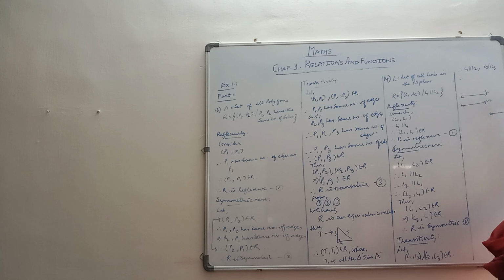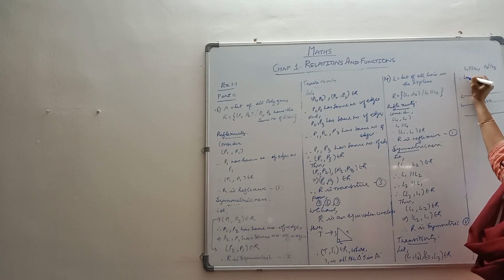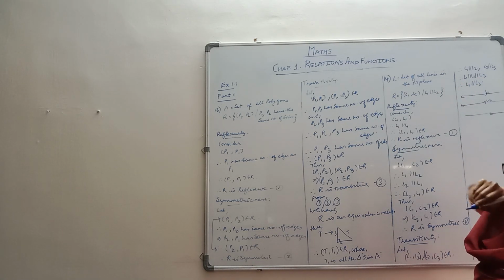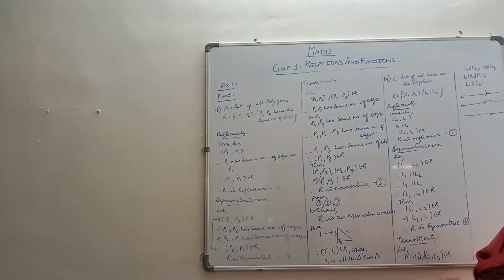Net effect, when we extend these lines, they are lines, you can extend them, we see that all 3 are parallel. Therefore, L1 is parallel to L2 is parallel to L3. In particular, L1 is parallel to L3, isn't it? We can see it.